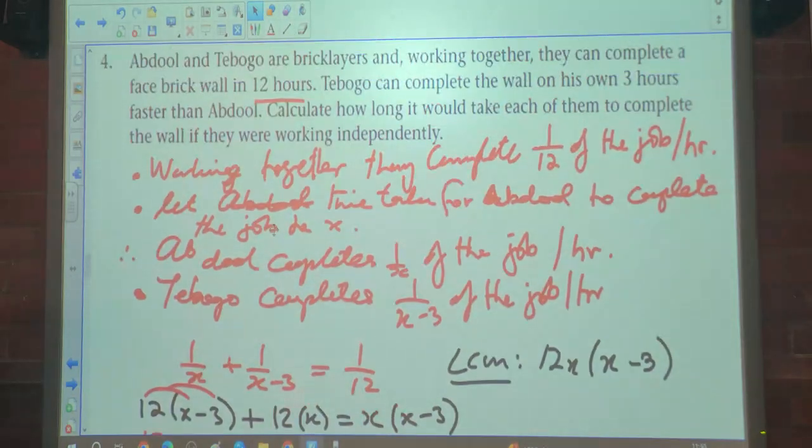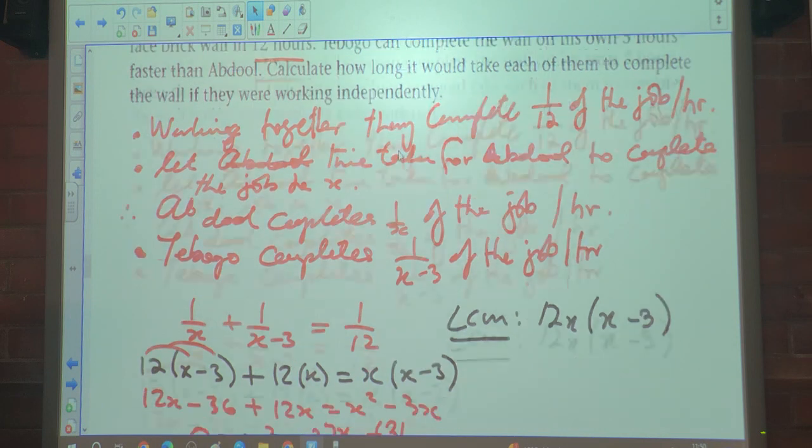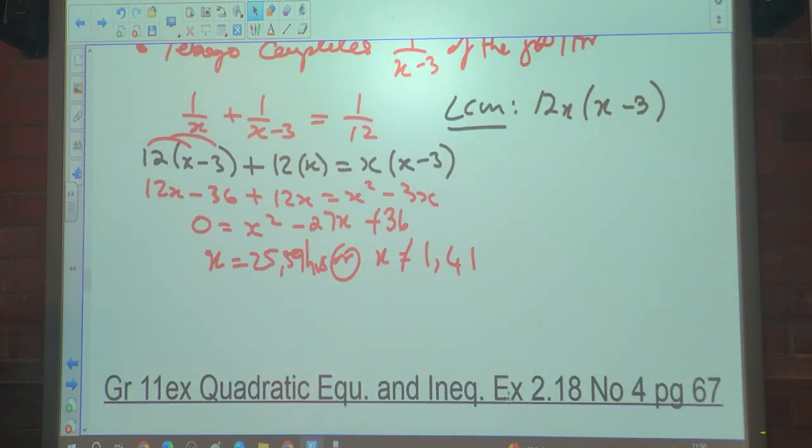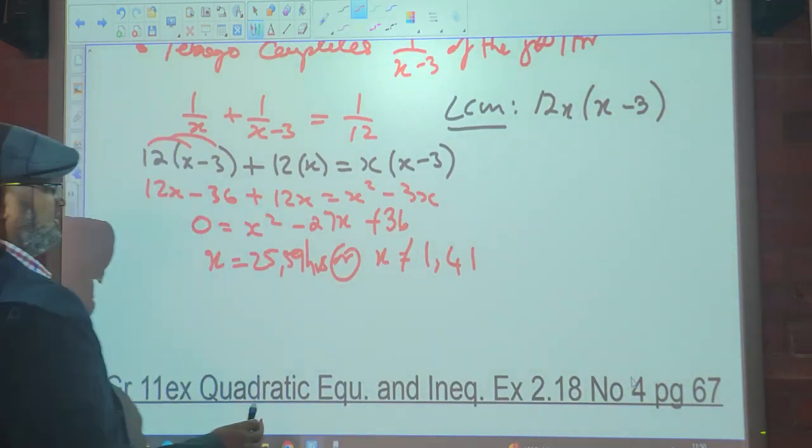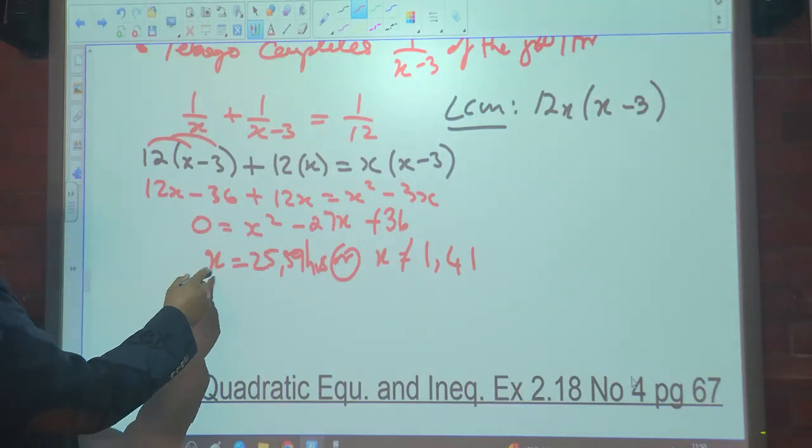Let's see what the question is. The question says, calculate how long it will take each of them to complete the whole when working independently. What does independent mean? Working on their own, not parallel, no. Working on their own.